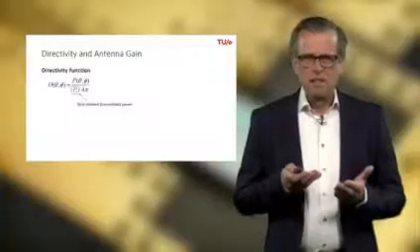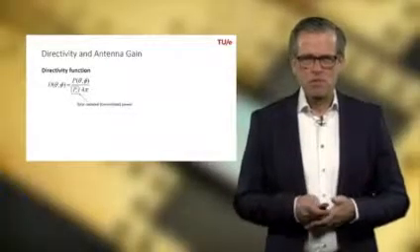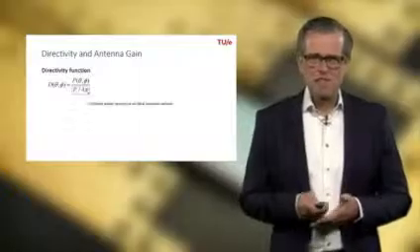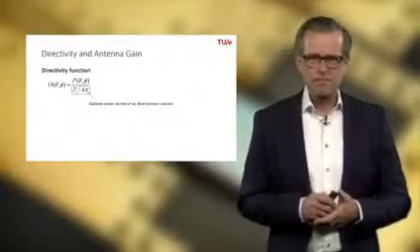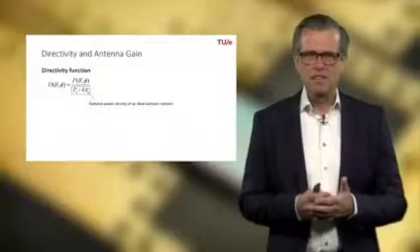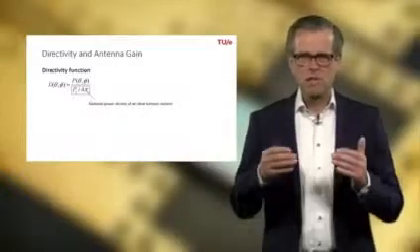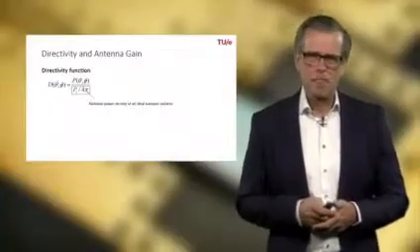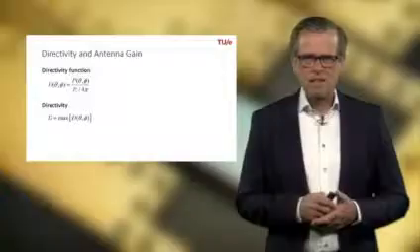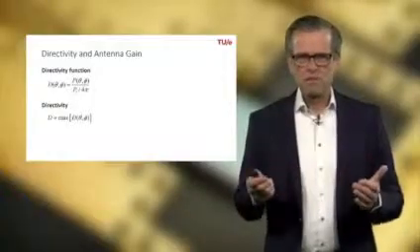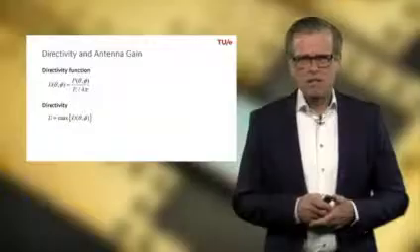So the transmitted power divided by 4 pi is then the power density from this ideal isotropic radiator. So we always relate the power density from a real antenna to the power density from an isotropic radiator. Now, the directivity is the maximum of the directivity function and can be calculated in this way.